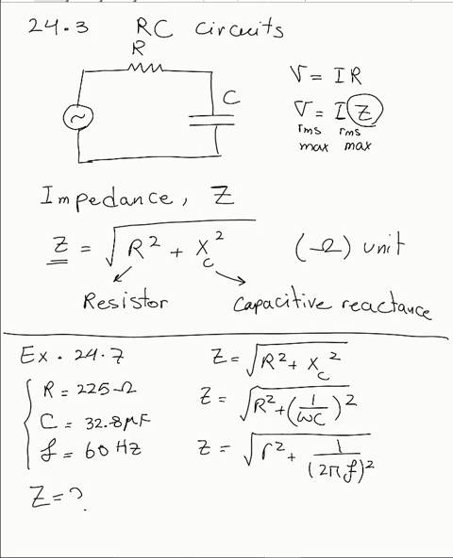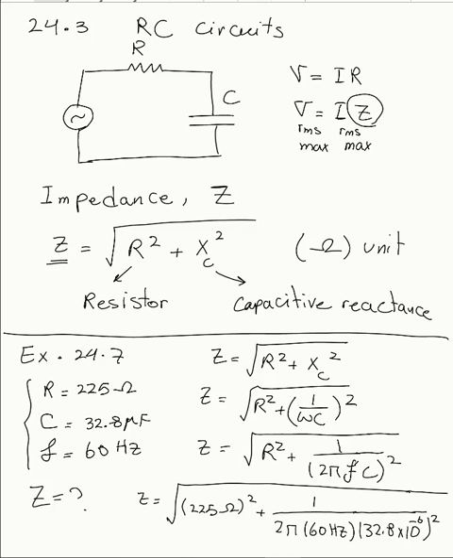And then notice that usually in the problems we are given the frequency, not the angular frequency. So we need to define omega to be 2 pi f. And it seems that I have forgotten to put the capacitance here. Now this equation is correct. Now let's plug in the numbers.